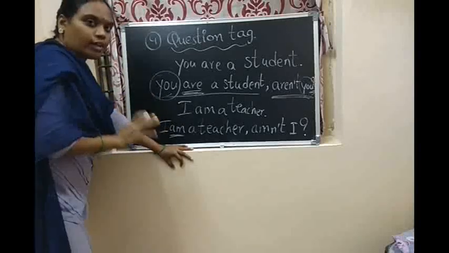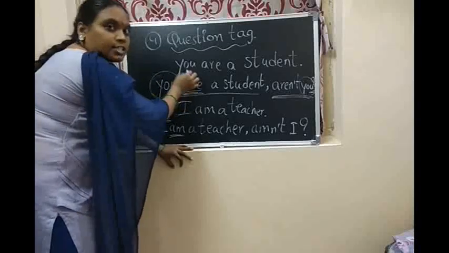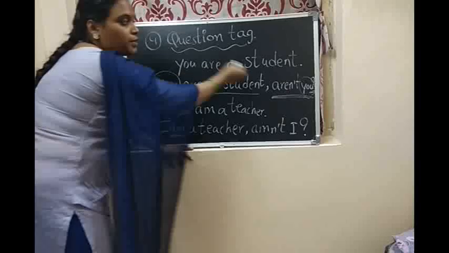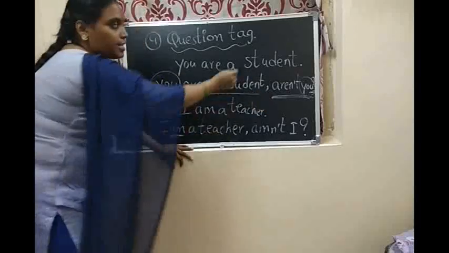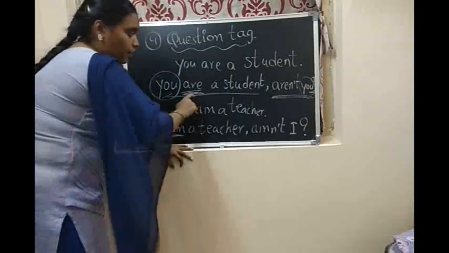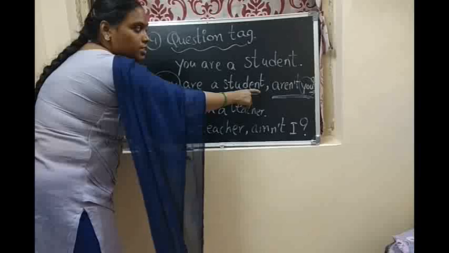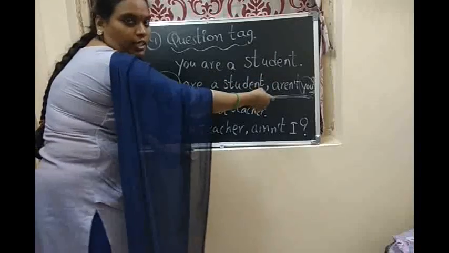What is the rule you have to remember? If the statement is positive, you have to write the question tag negative. Is it clear? And statements end with a full stop, but while writing a question tag after the statement, put a comma and continue with the question tag.